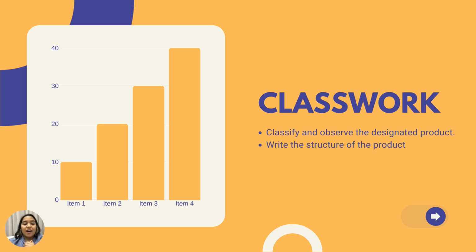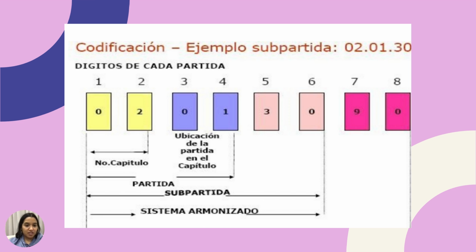I would like to give you a class work so you can understand more, because I think people understand better with more dynamic things. So your work will be to classify and observe the designated product, and put the right structure of the product as we see here. Say, this is the chapter, the heading, the subheading.